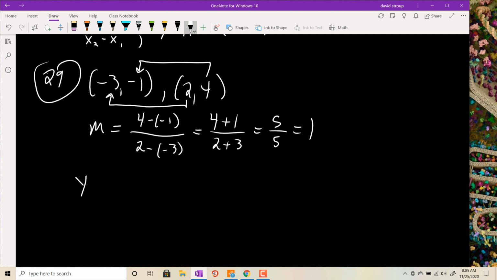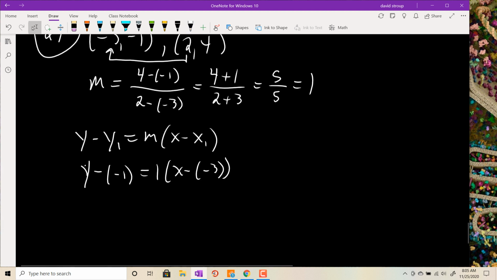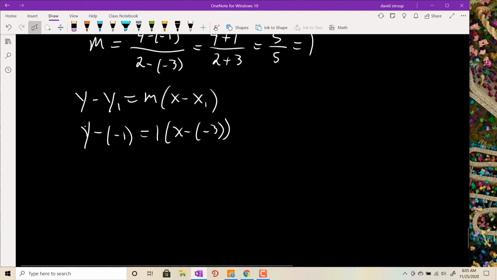And then we need to plop everything into our point slope formula. So I'll pick either point. I'll just take the first point I see. So y minus -1 equals 1 times x minus -3. And then I'm going to put it into whatever form they ask for. The book is asking for slope intercept. So you need y equals mx plus b.